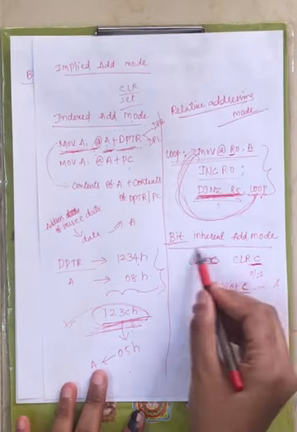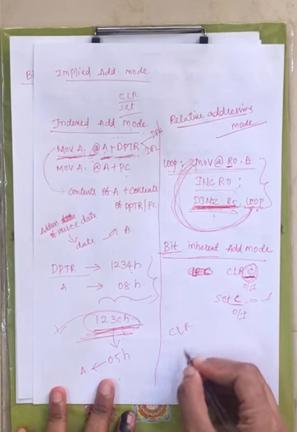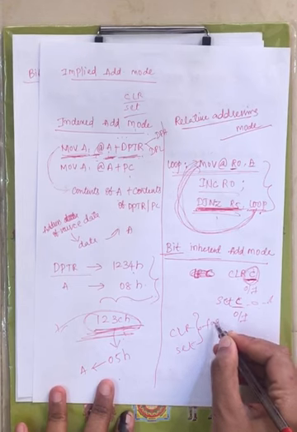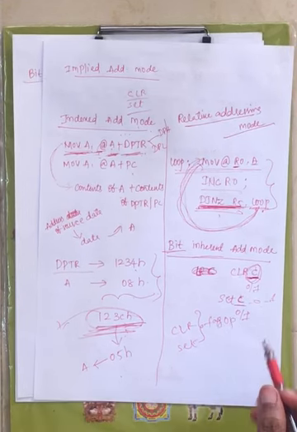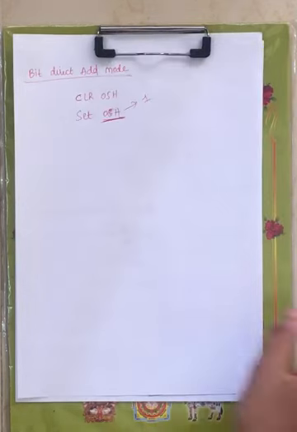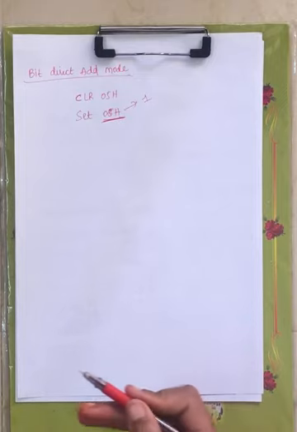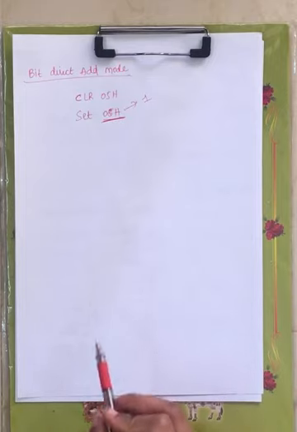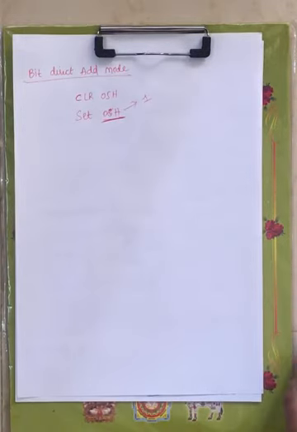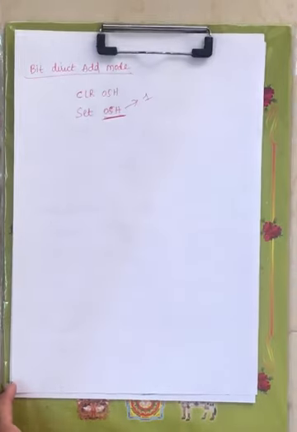Under bit inherent addressing mode, you get flag operands to clear or set, using these two instructions. Under bit direct addressing mode, you can clear or set the address that is specified within the instruction. Here the address is specified within the instruction, whereas in bit inherent the flag operands are specified within the instruction, right.